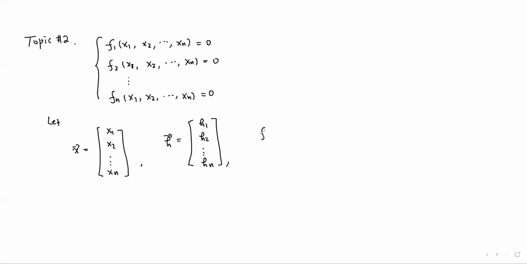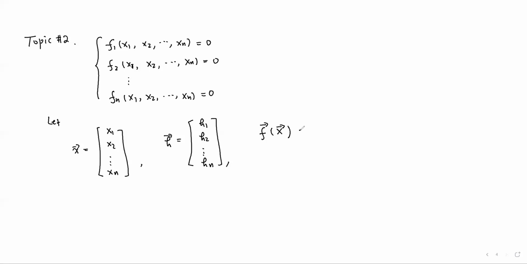The function is a vector function; the value is a vector, not a number. And also the independent variable is a vector, x1, x2 to xn.